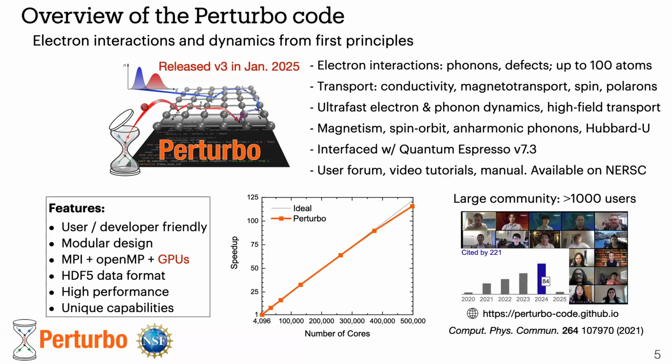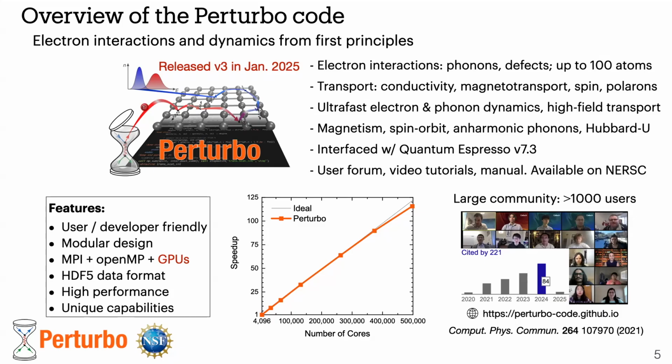And this can be done for simple up to fairly complex systems with about up to 100 atoms in the unit cell. The main limiting step is what one can do in density functional theory and linear response density functional theory, and not so much with Perturbo per se.